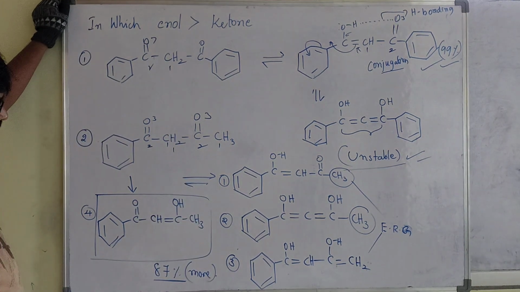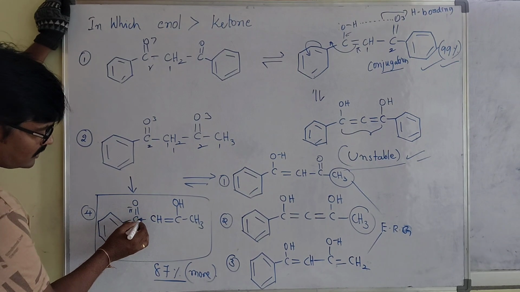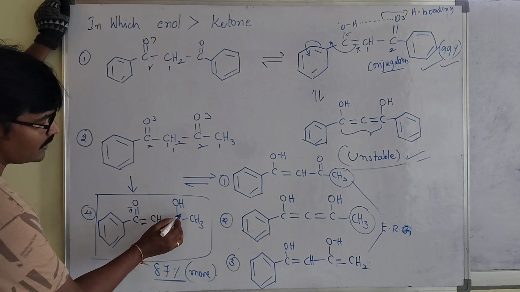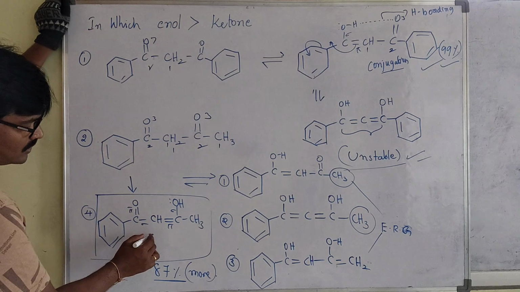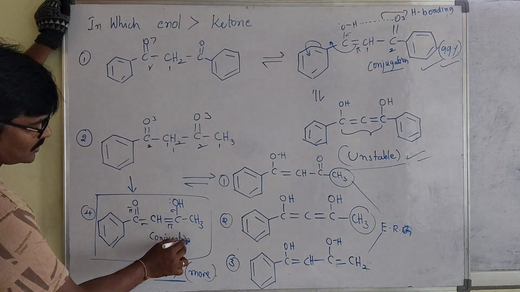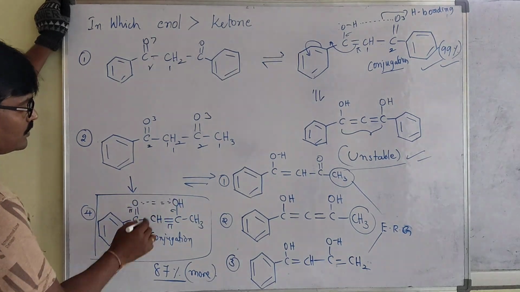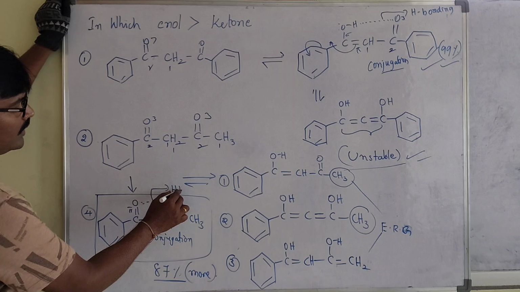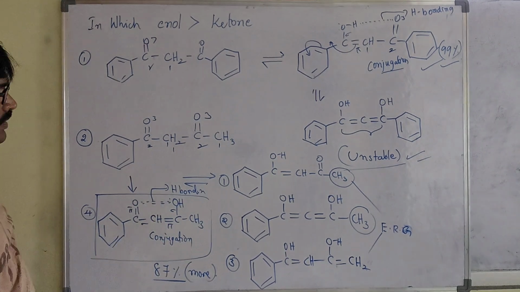So look at this: there is pi bond, sigma bond, pi bond, then sigma bond, then lone pair of electrons, all are in conjugation. Conjugation is there. Then hydrogen bonding also is present. Okay.